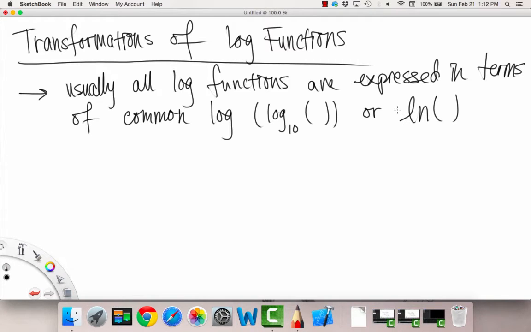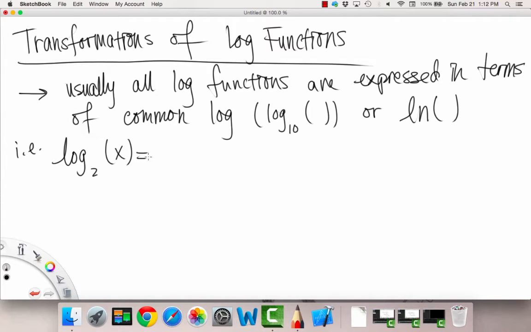And the reason for that comes from the sum and difference properties of logs, that is, in saying that any kind of log with a different base, so here's an example, let's say we have log base 2 of x, right?